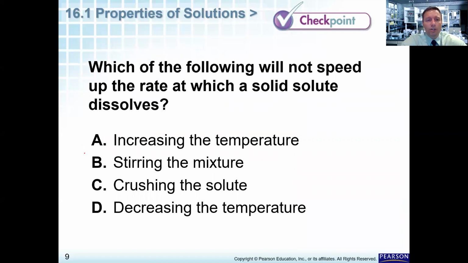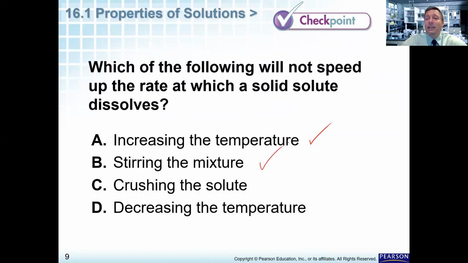So here's a checkpoint question. Which of the following will not speed up the rate at which a solid solute dissolves? Looking at A here, increasing the temperature. Well, we know increasing the temperature will increase how fast something dissolves. Stirring the mixture, that's called agitation.